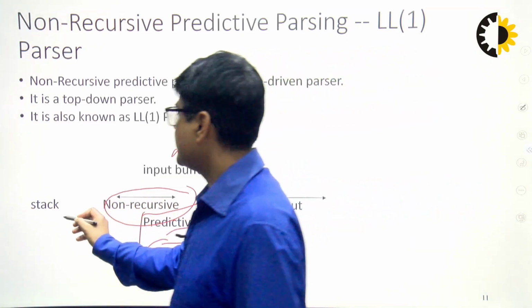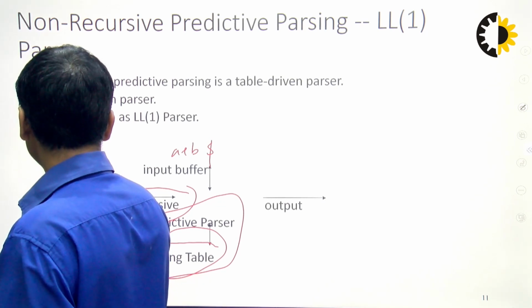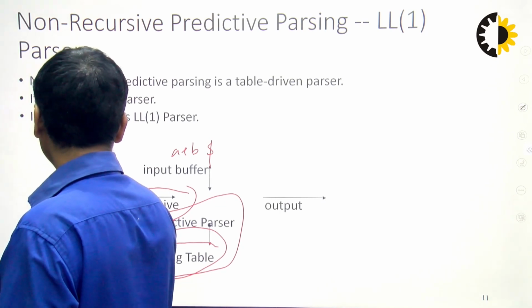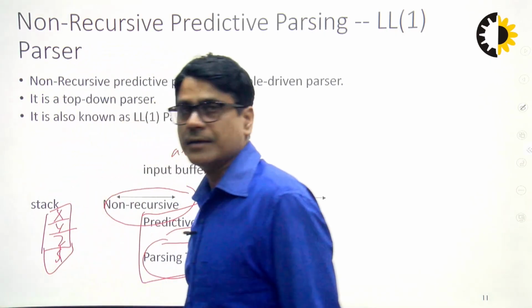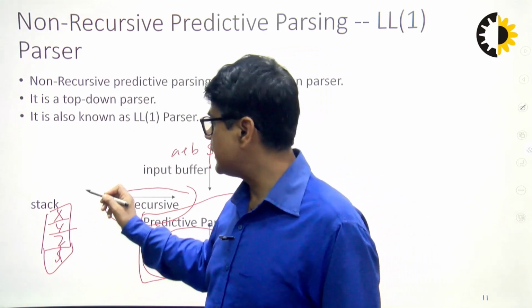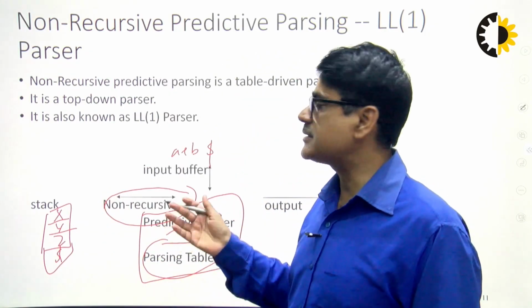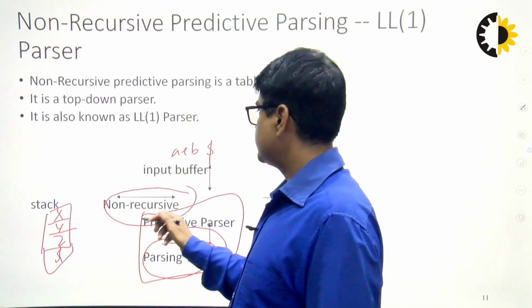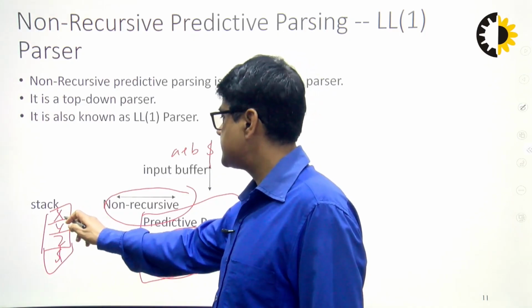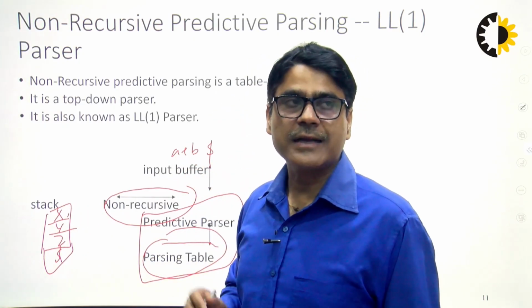In a stack, we use a stack structure in which the elements are grammar symbols, with an end marker at the bottom. X, Y, Z each belong to length one, terminal or non-terminal, because everything is in the stack. Whatever process there is depends upon the current stack symbol and current input symbol, the top of the stack and the input symbol.